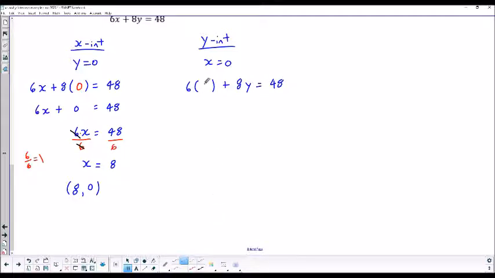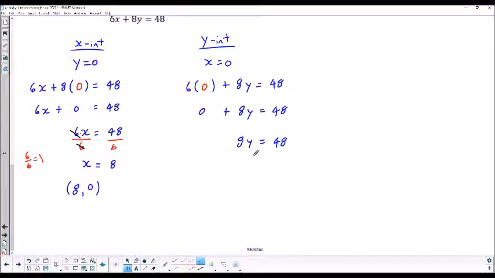So 6 multiplied by 0 plus 8y equals 48. Well, 6 times 0 is just 0. Again, we don't need to write that because 8y plus 0 is still 8y. And so 8y equals 48. Again, we can say, 8 multiplied by what is going to give us 48?